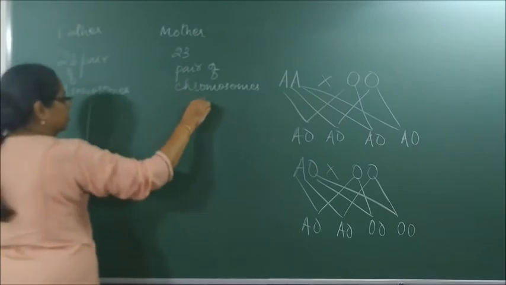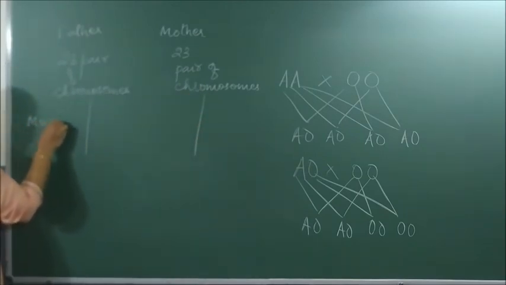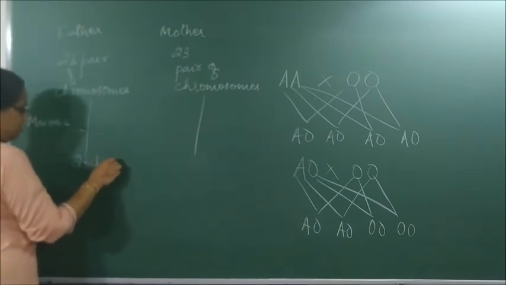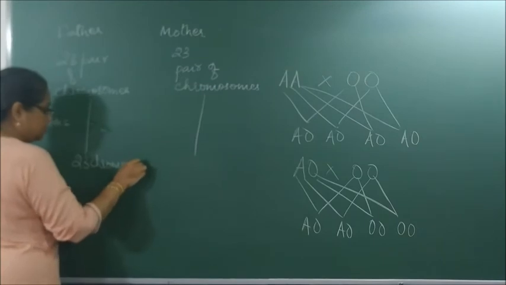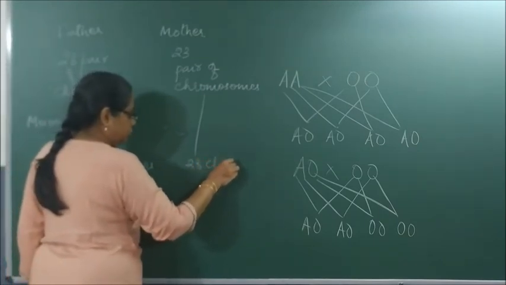They undergo what division? Meiosis. It forms 23 chromosomes and 23 chromosomes.